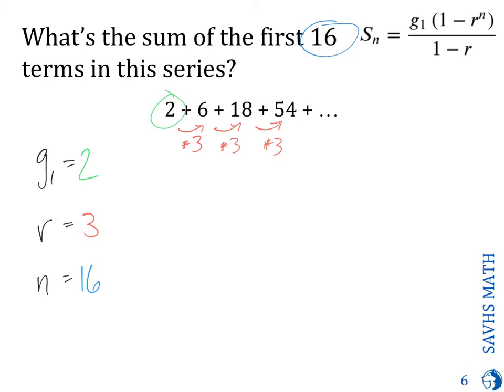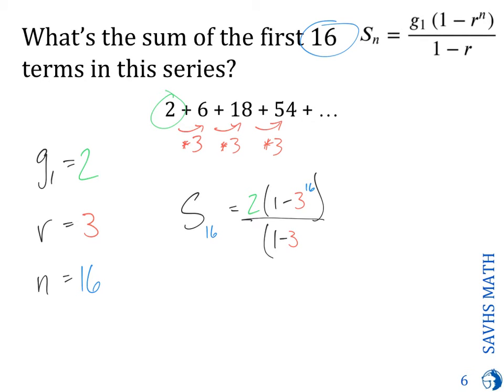So same idea here, I just have to use my formula now, so I can say S16 is, okay, G1 is 2 times 1 minus my common ratio 3 to the N is 16, all divided by 1 minus my common ratio, which is 3.